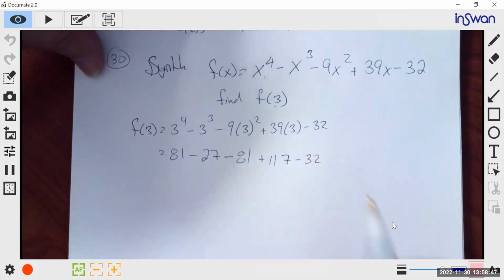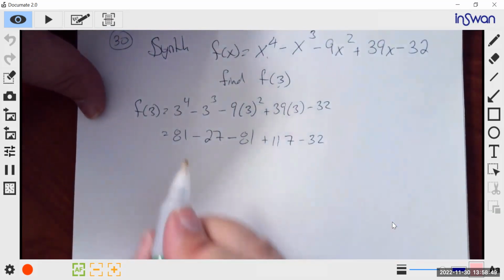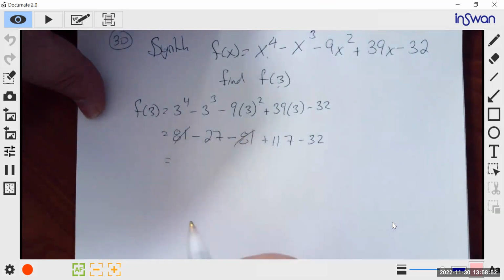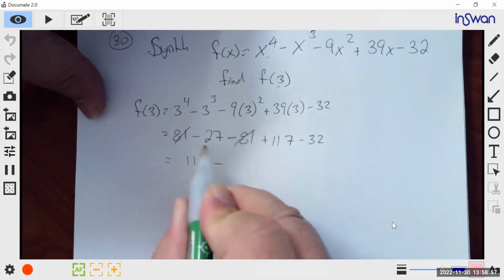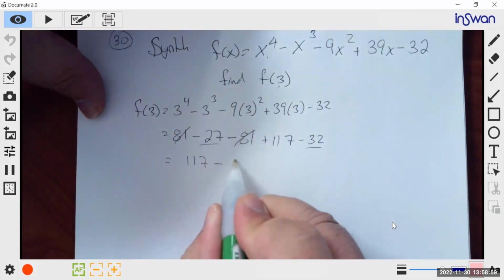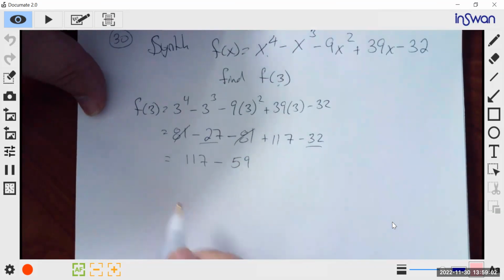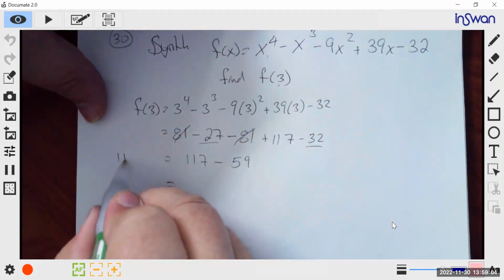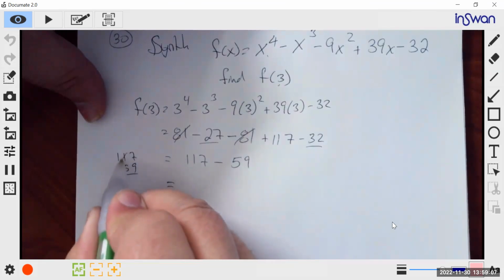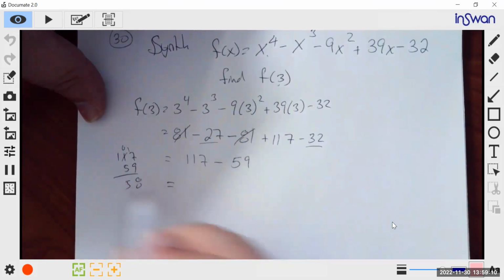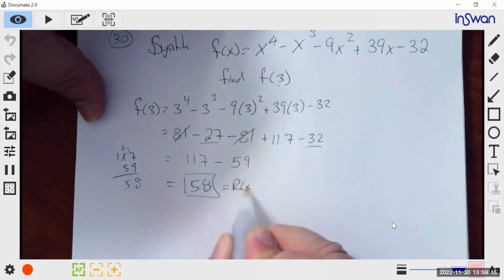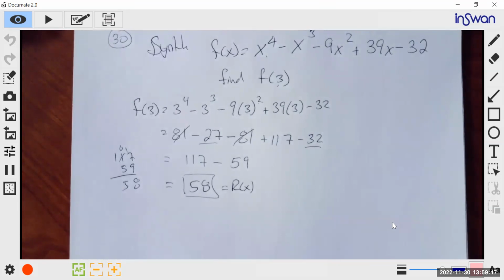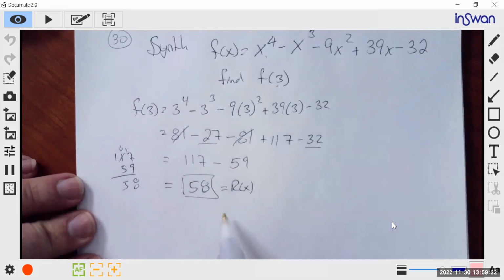Plus 117 minus 32. 81's cancel. 117 minus 59. That's going to be a remainder. Because if you just plug in the number, you'll get the remainder.